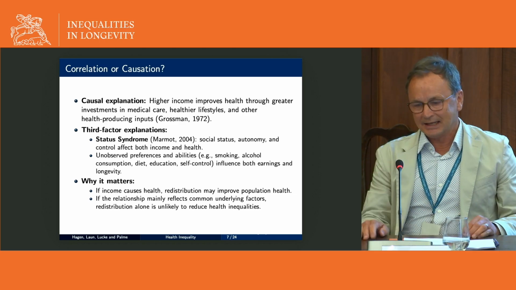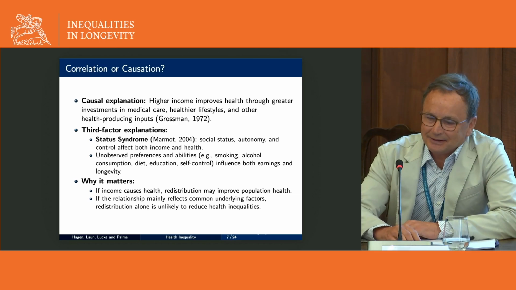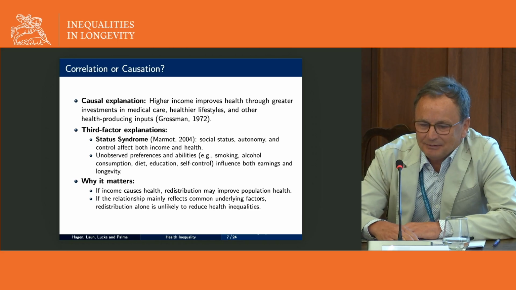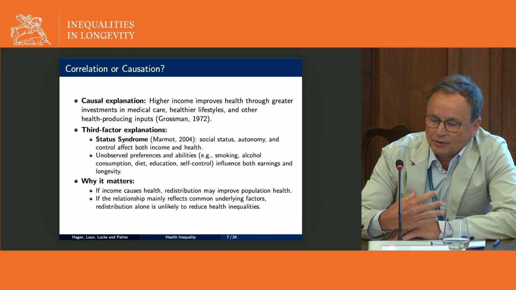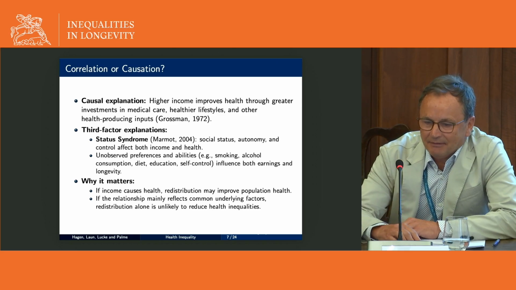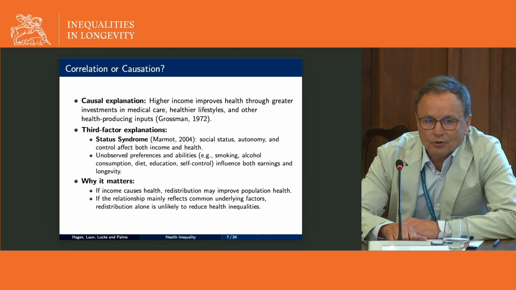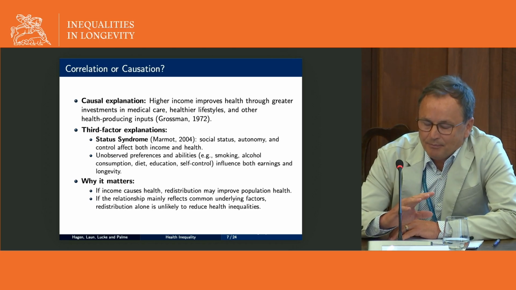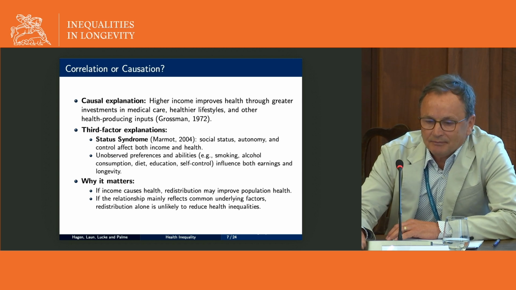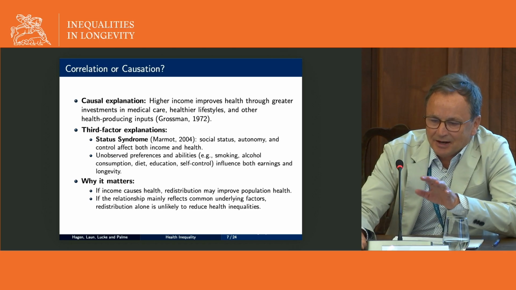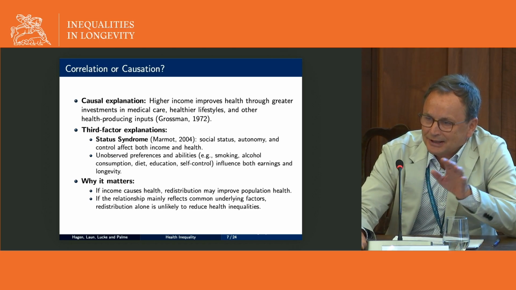If we look at economic theory, we think of people investing in health, and people with more resources have more to invest. That gives rise to the so-called absolute income hypothesis, so income in itself has an effect on longevity. That's income representing the yellow shirt guy.